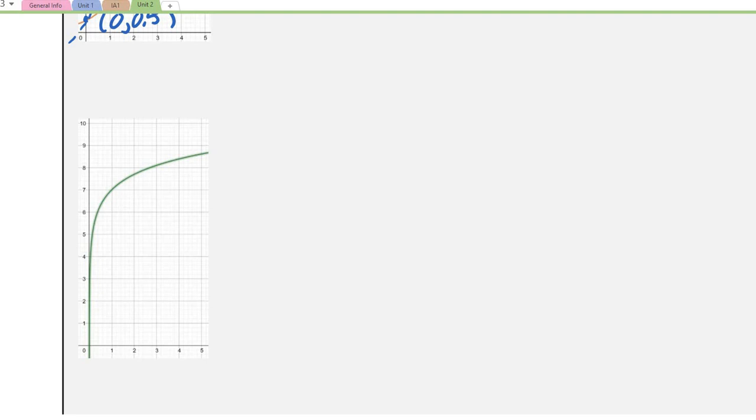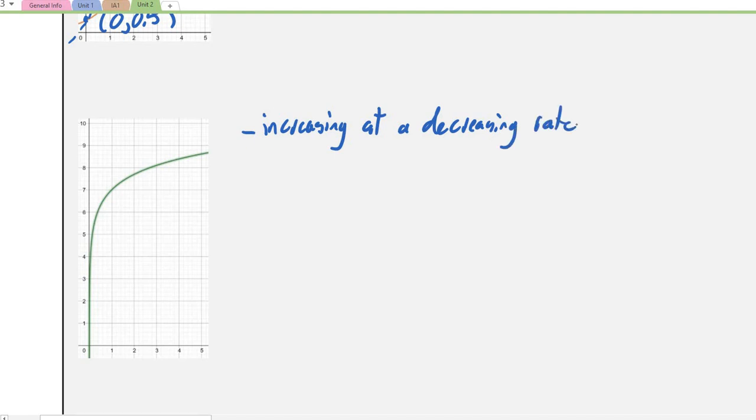Or what's our rate of change, by the way? Is it constant? Is it increasing? It's increasing, but it starts really quick and starts petering out. So increasing at a decreasing rate.